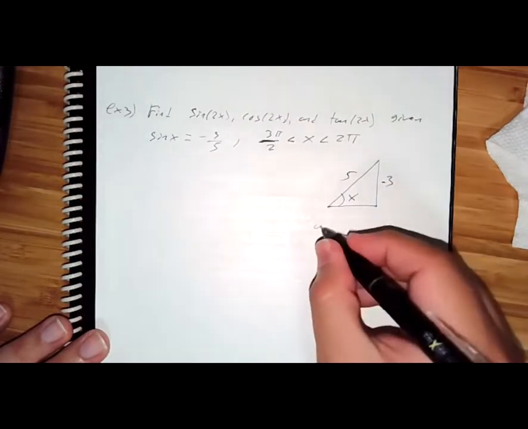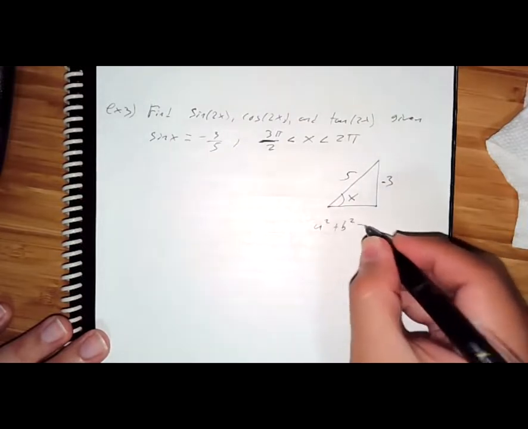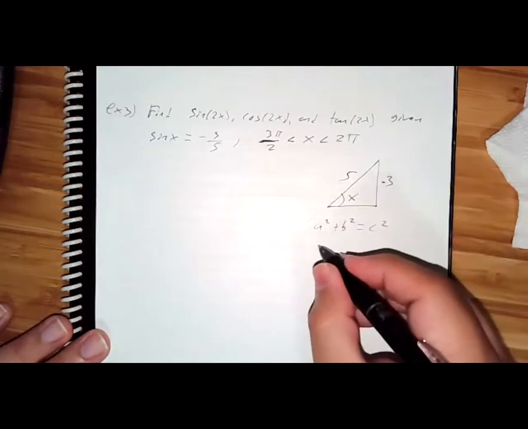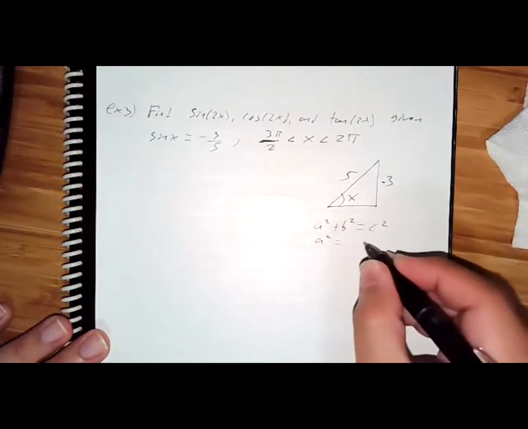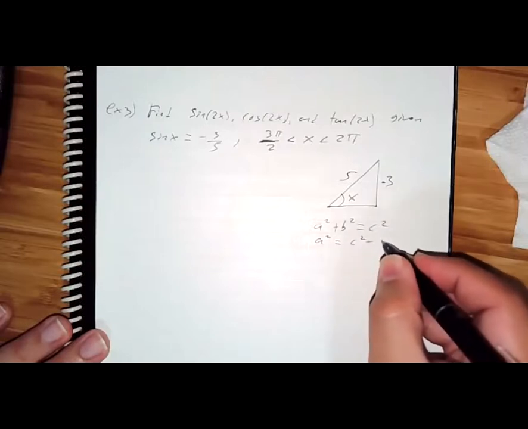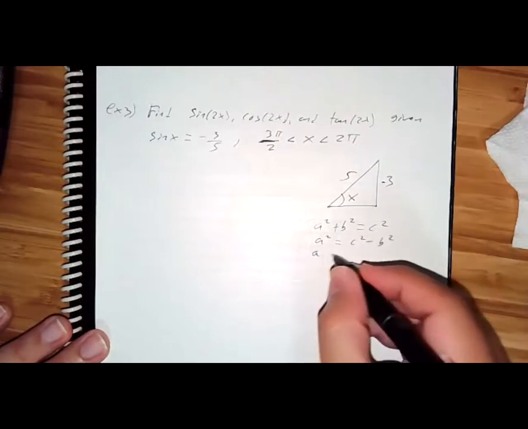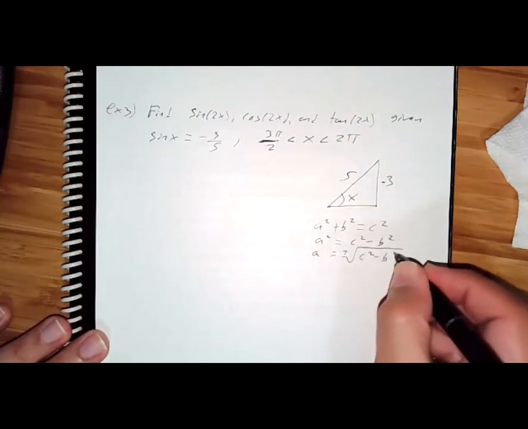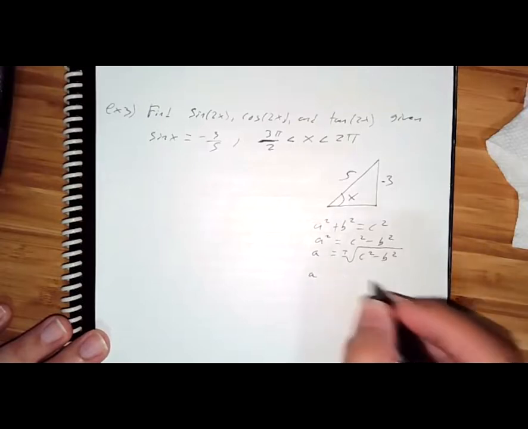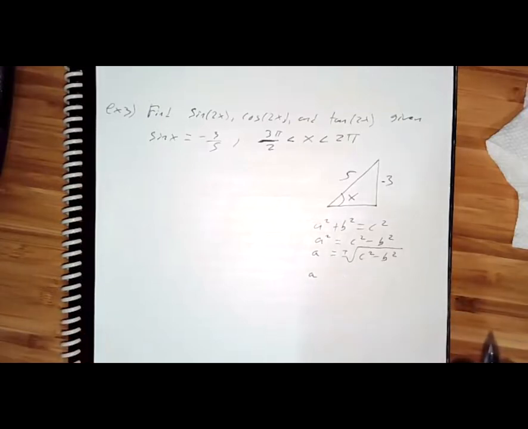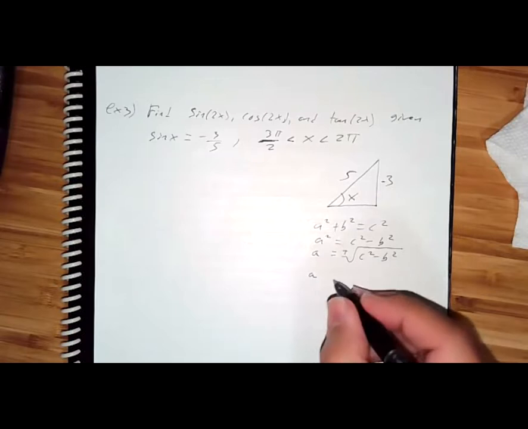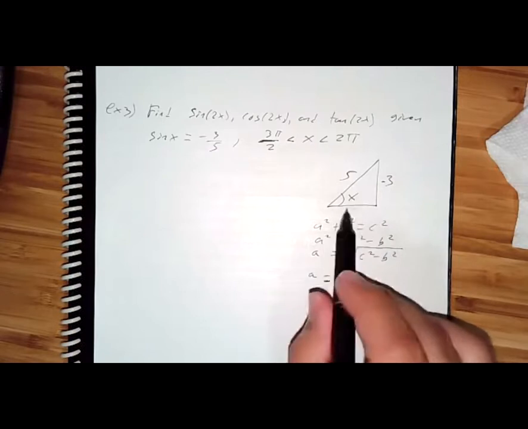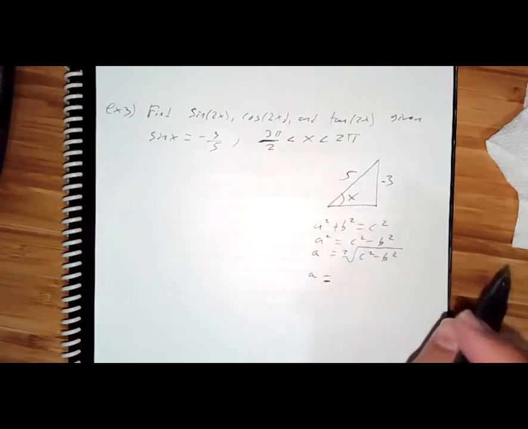So Pythagorean theorem to solve the missing side. So A is equal to plus or minus the square root of c squared minus b squared. So since we are in quadrant 4, you said 4, right? Then we will choose, sorry, the only sign that is negative is sine, my bad. The adjacent side will be positive.